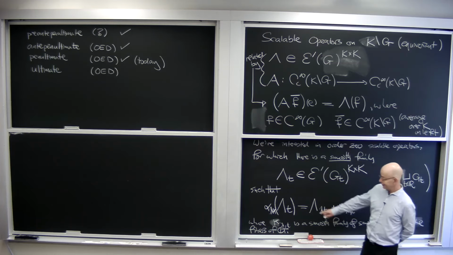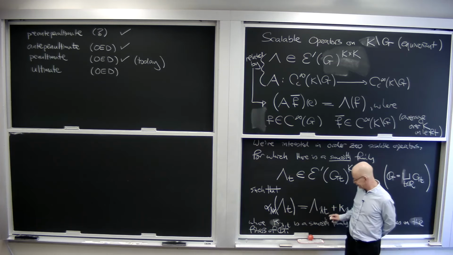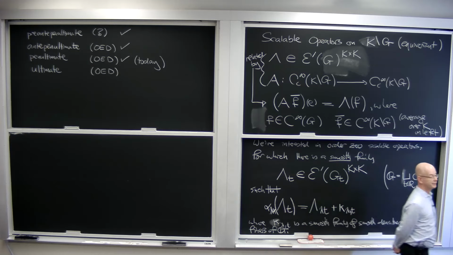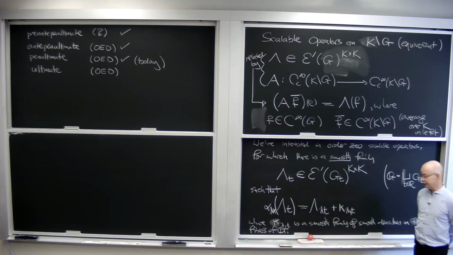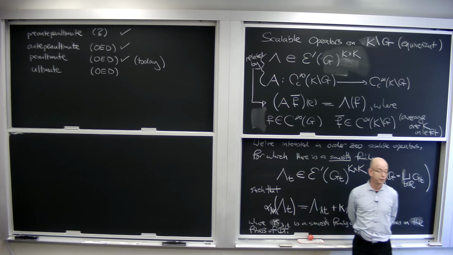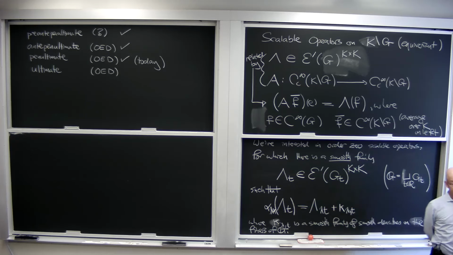Then lambda times t is little t. And so we're saying the single distribution lambda sub 0 should have some invariance property. That's it. That's all that's at stake. That's what Eric and Bob have to say about scalable operators.